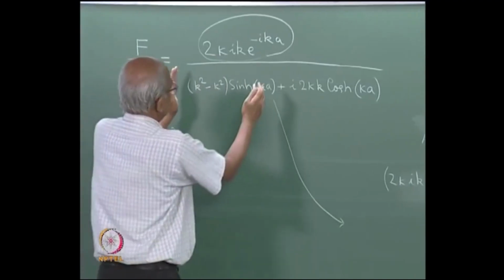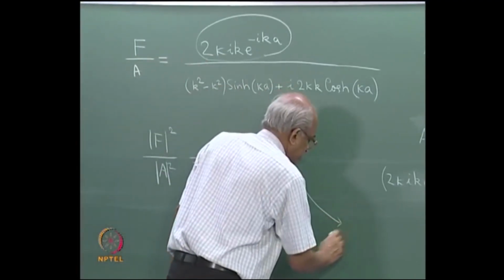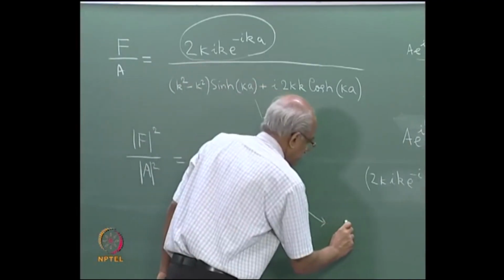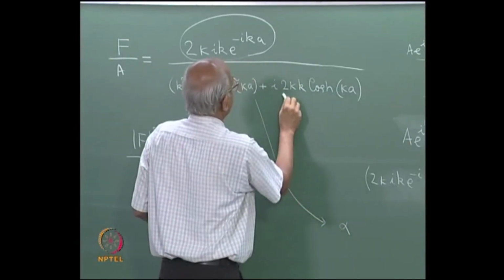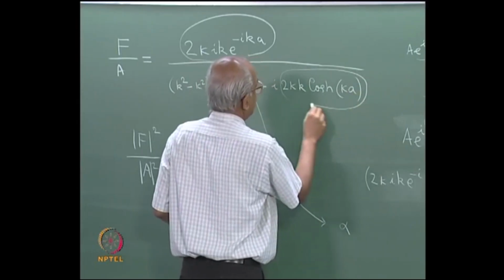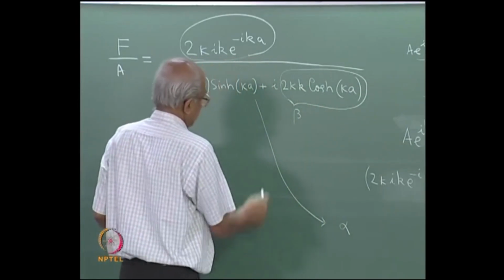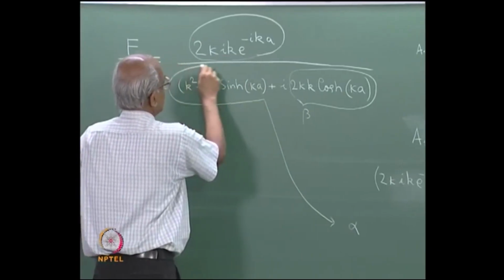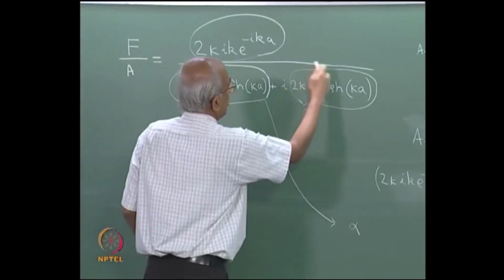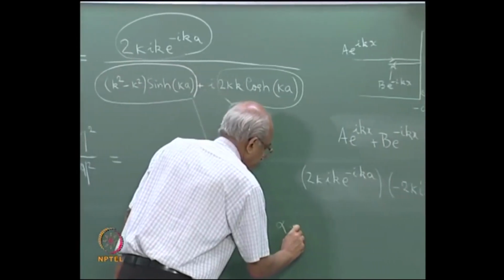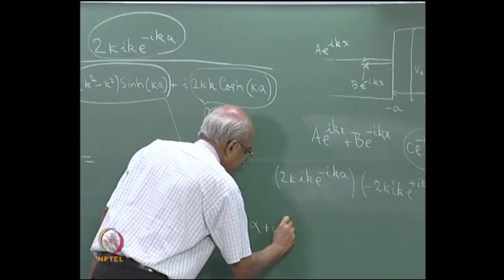Notice that this is actually of the form some constant which I may refer to as alpha, and another constant which is this one, I shall denote it as beta. Well, this part I am denoting as alpha and that part I am denoting as beta, so therefore it is of the form alpha plus i beta.